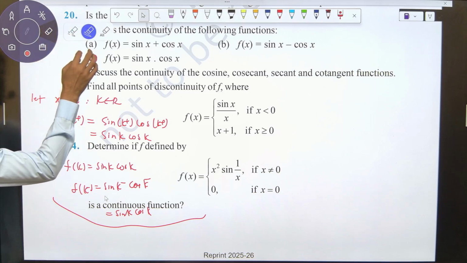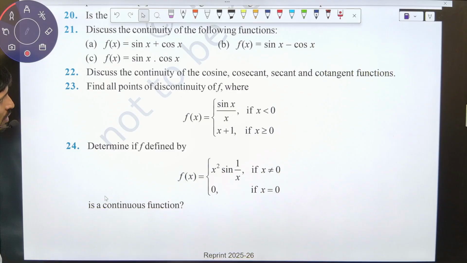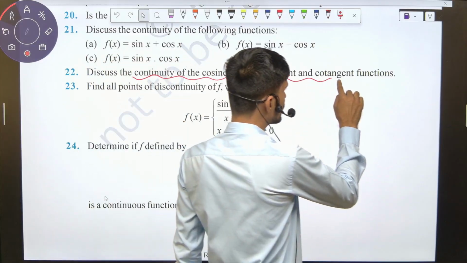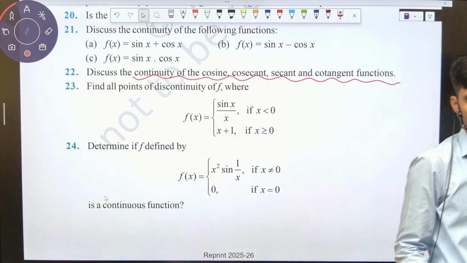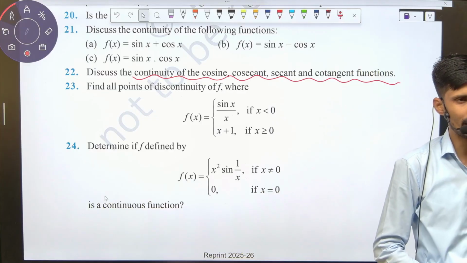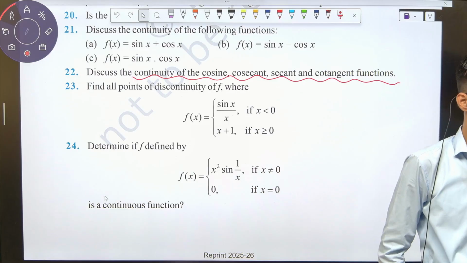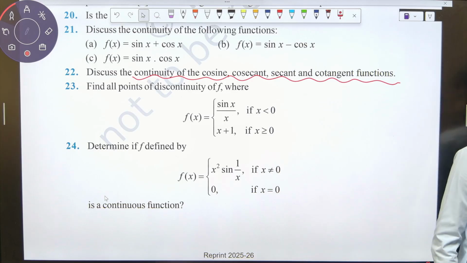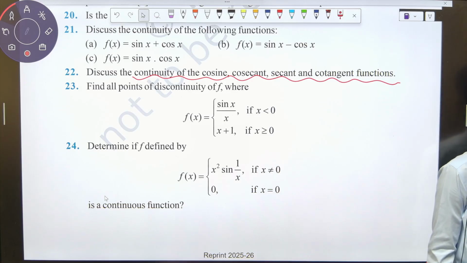Question is, discuss the continuity of sine, cosine, cot. To write, one point: every trigonometric function is continuous in their domain. Every trigonometric function is continuous in their domain. लिखो योगेश.